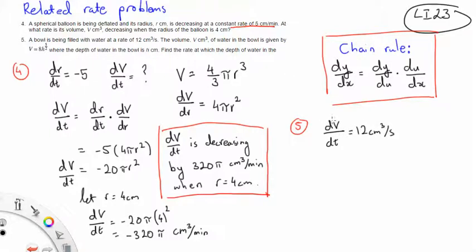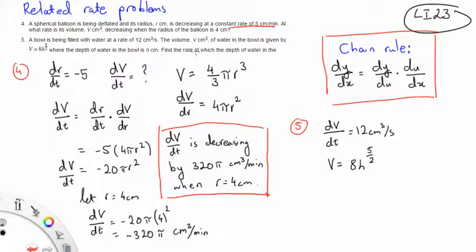Notice how I'm keeping it positive here because it's being filled. I'm defining that as a positive thing. They've given you a formula this time, so that's quite nice. They've given you a formula to find how much water there is in the bowl based on the height. So we have V equals 8h to the power of 5/2.